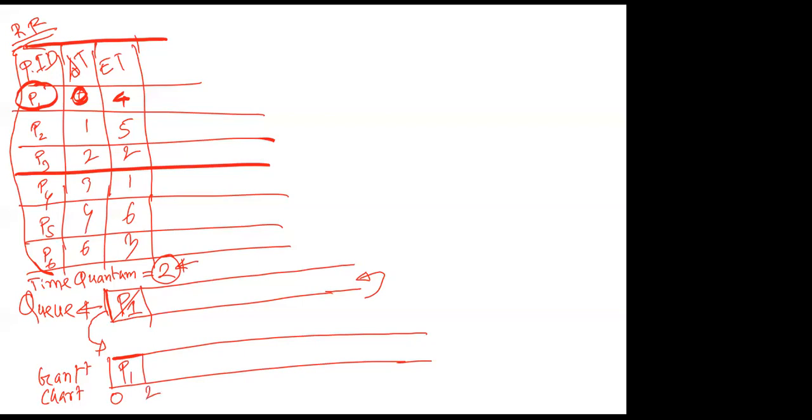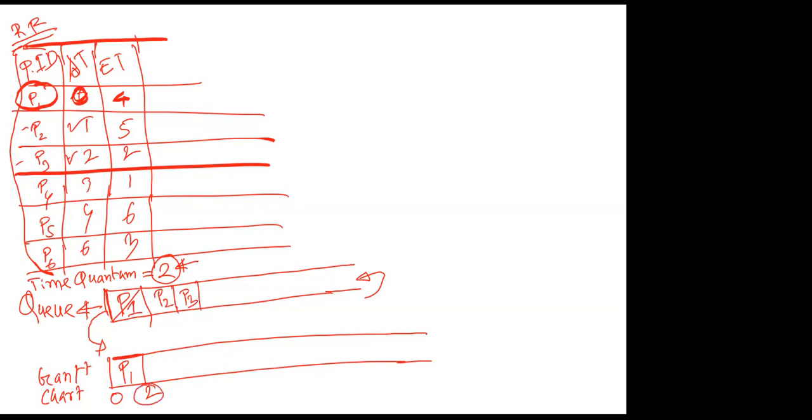Otherwise, after two time units, you need to check how many processes are inside the RAM. Let's check this after two time units. There are process P2 and also process P3 inside the RAM. So P2 and P3 will be added to the queue at time unit 2.